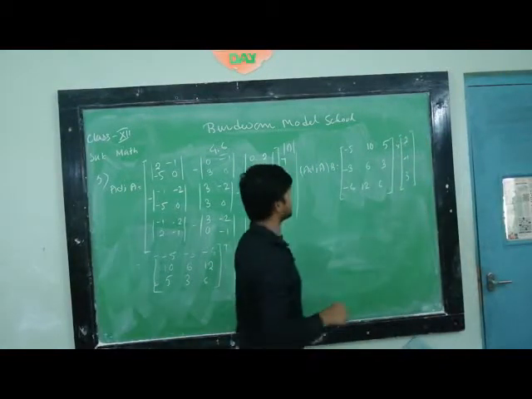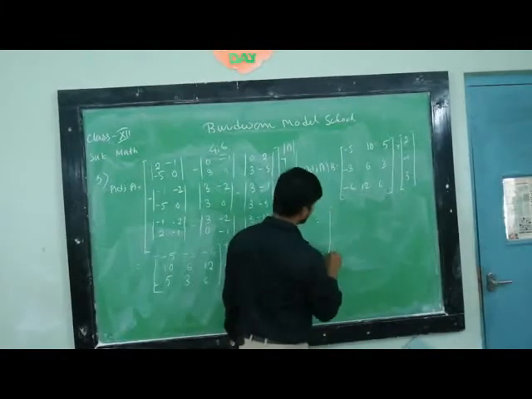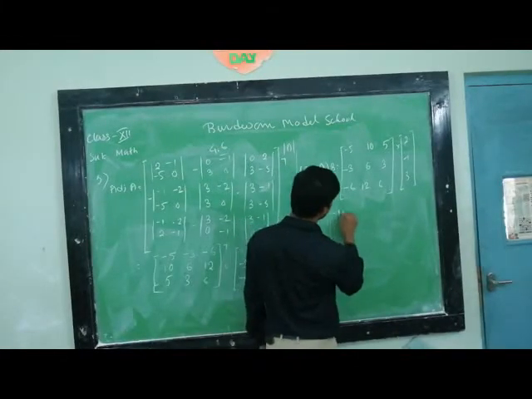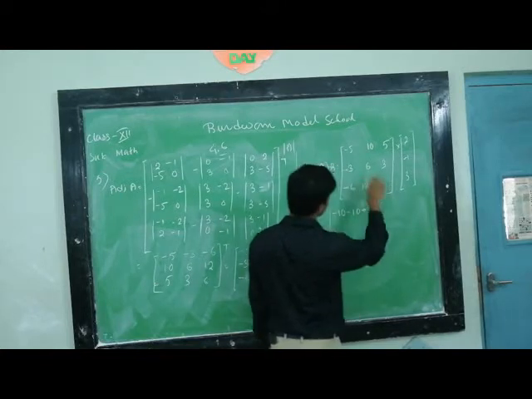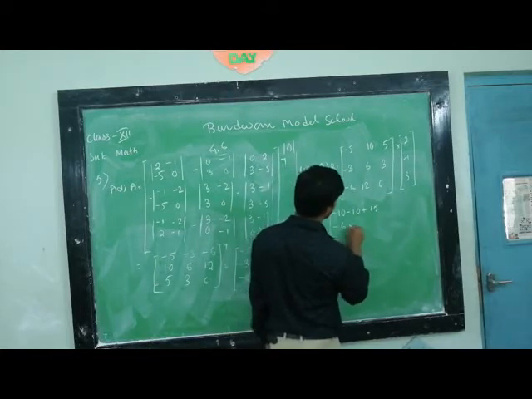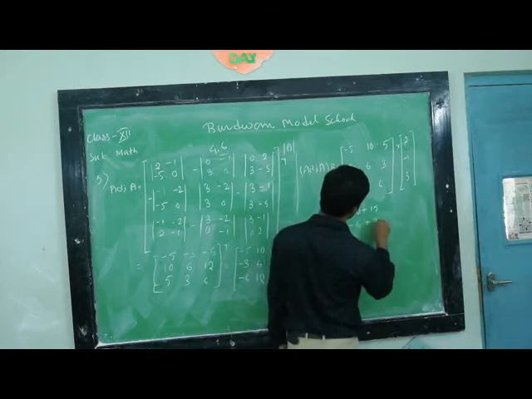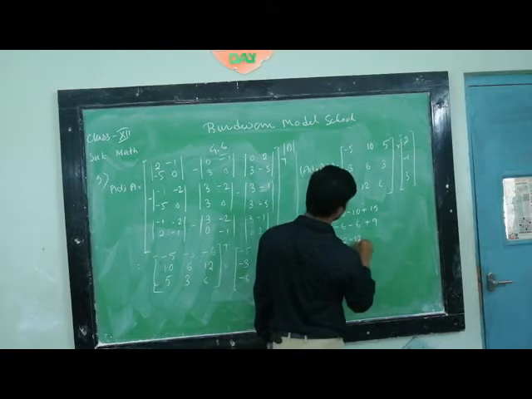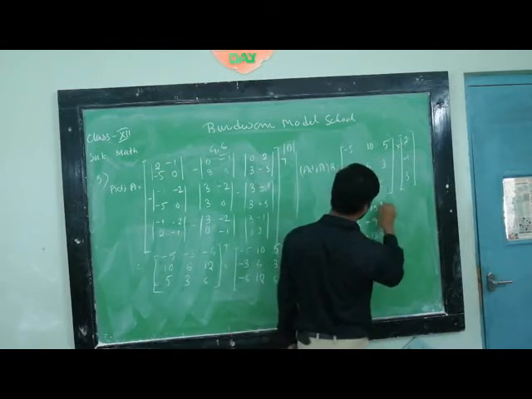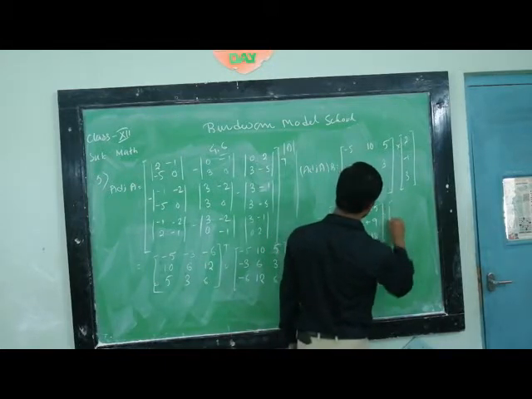So by multiplying we have, this is minus 10, minus 10 plus 15. This is minus 6, minus 6 plus 9, and the third row will be minus 12, minus 12 plus 18, which is equal to, add them.